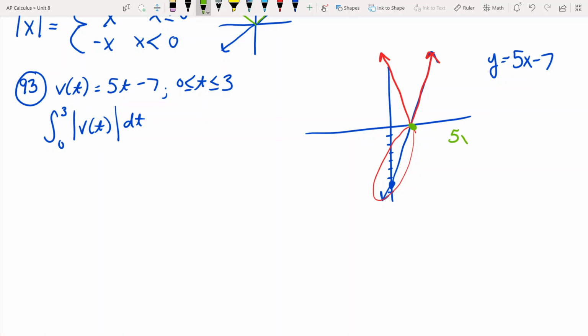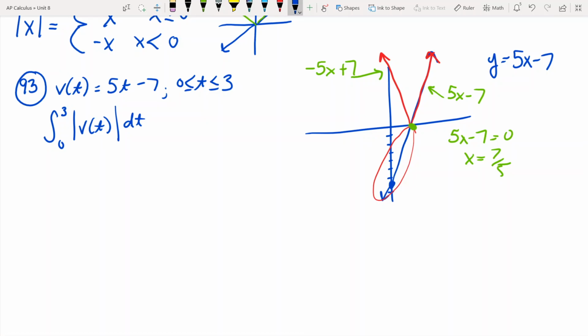If we set 5x minus 7 equal to 0, we can see x is going to be 7/5. So if my graph is larger than 7/5, everything over here is still going to be 5x minus 7. But on the other side, this is the line negative 5x plus 7. Remember, it's the opposite of the entire function.